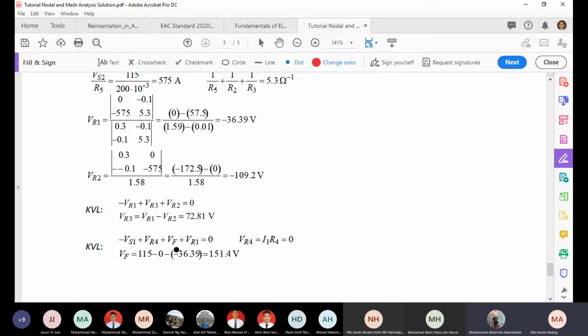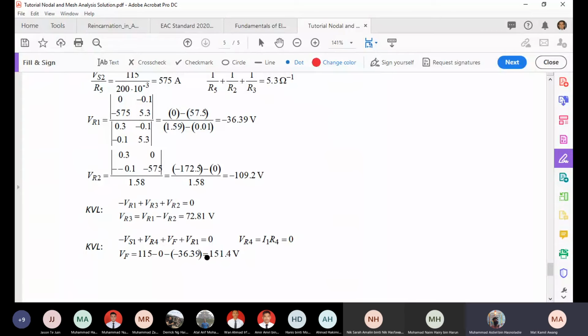Actually VR4 is not at the fuse. This is the other way around.